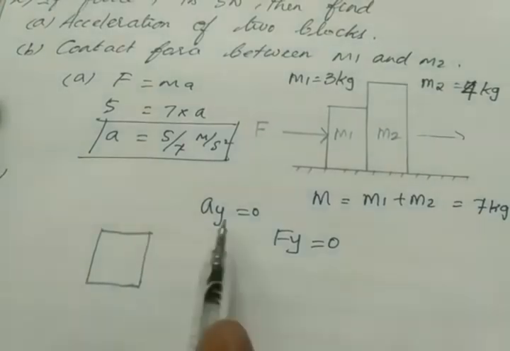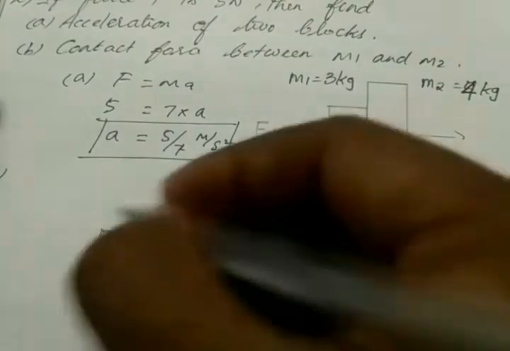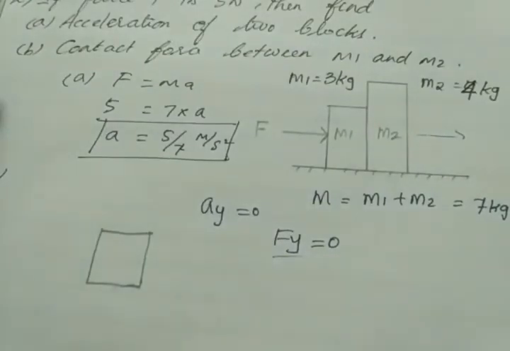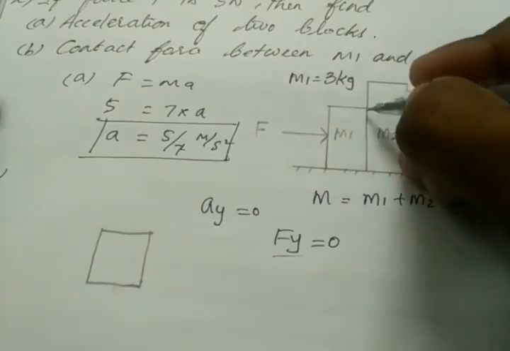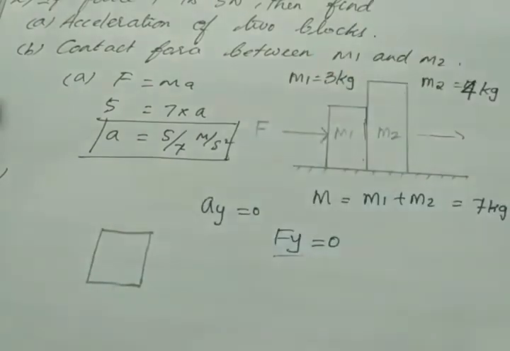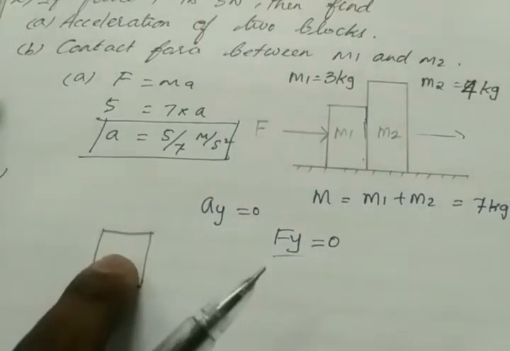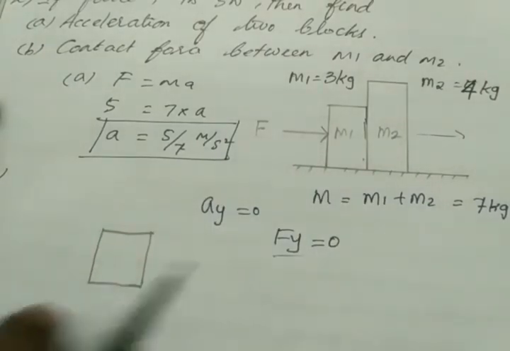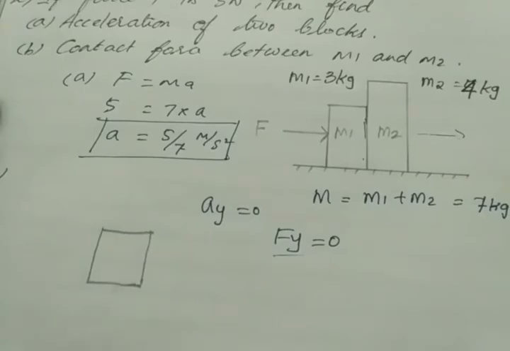Okay, so you simply neglect the y-direction forces, that means the normal force and weight. Because here our only motive is to find the contact force between these two masses. So you take M1 and figure out what forces are acting on M1 in x direction, because it is moving in x direction.